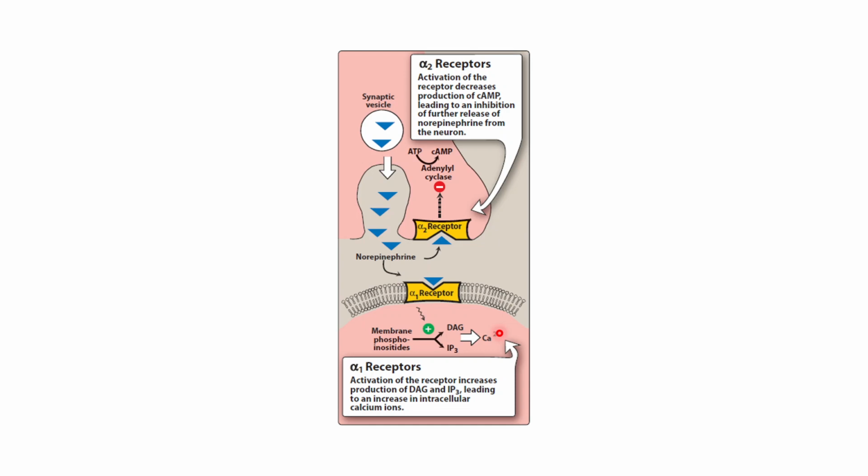Yes? Can I ask a question concerning the alpha 2 receptor? Sure, please. Since it causes a negative feedback, why is it classified as an adrenergic agonist? The receptor is not classified, the drug can be classified. Norepinephrine will bind to the alpha 2 receptor, causing a negative feedback, and even then it's still an agonist.